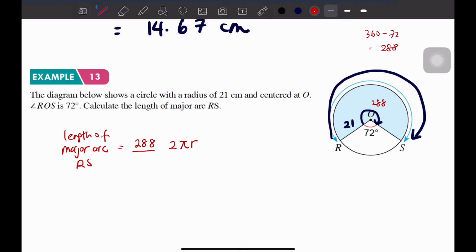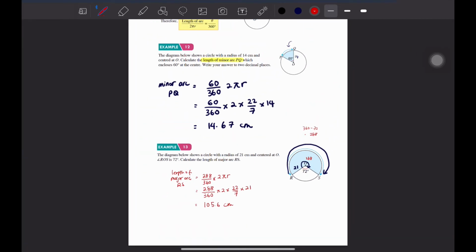You will get 288 over 360 times 2 times pi, which is 22 over 7, r is 21. Just press your calculator: 288 over 360 times 2 times 22 over 7 times 21. So your answer is 105.6 centimeter. As simple as that.